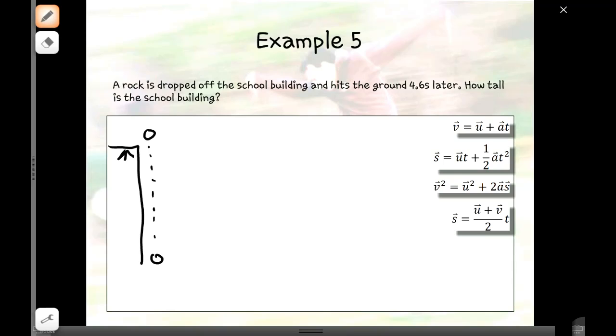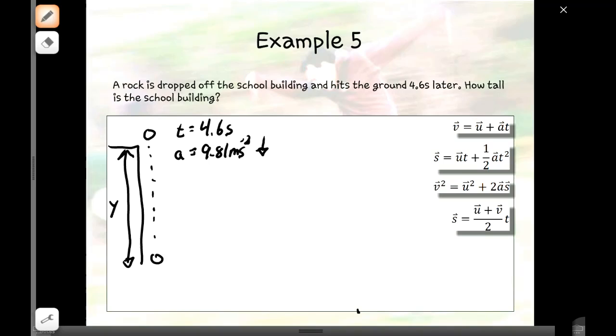So assuming that we drop it off the school building right level with the height, and we time how long it takes, well, we can figure out the height. So the time equals 4.6 seconds, and the acceleration equals 9.81 meters per second squared, and this goes down, just so we know it goes down.